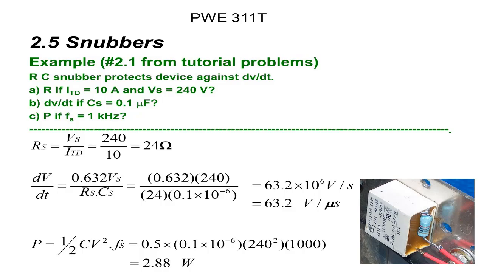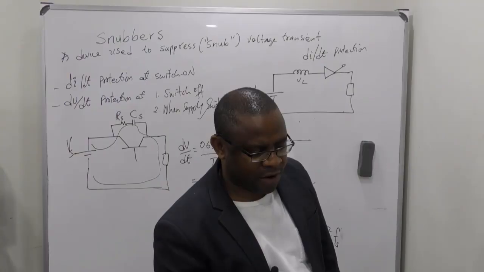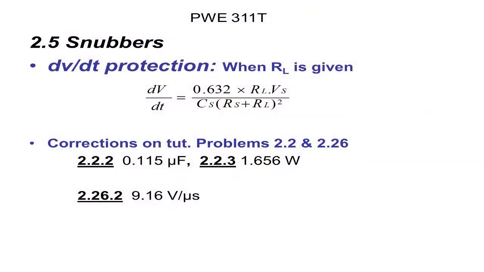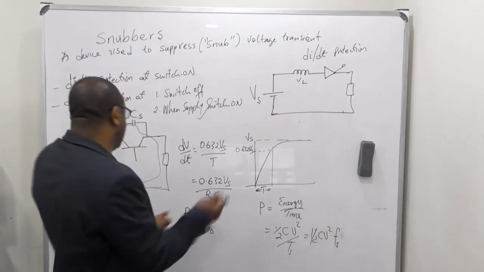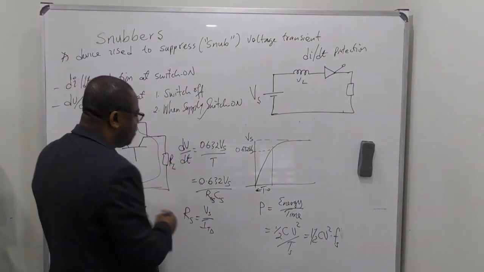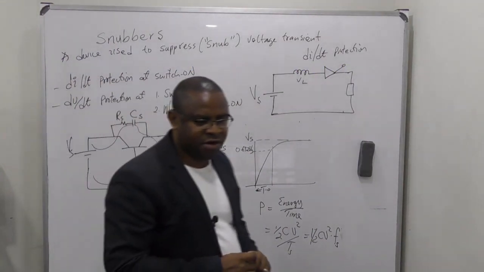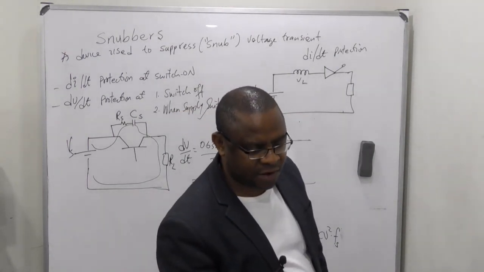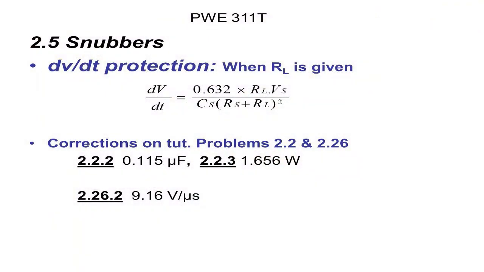Did you get that? Please remember that when RL, the resistance of the load, is given to you, you can also put it in the equation, so that dv/dt is 0.632 multiplied by RL Vs over Cs over (Rs plus RL) all squared.